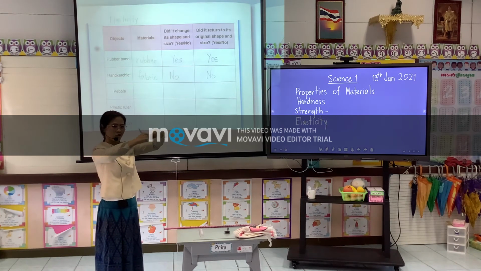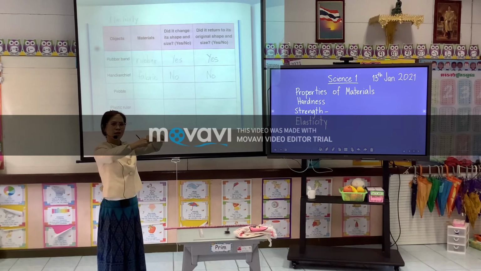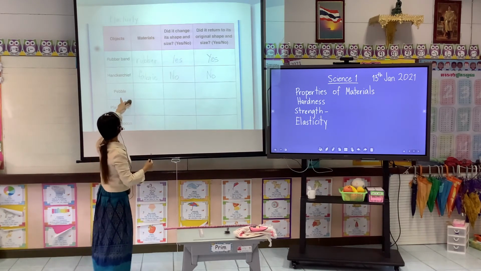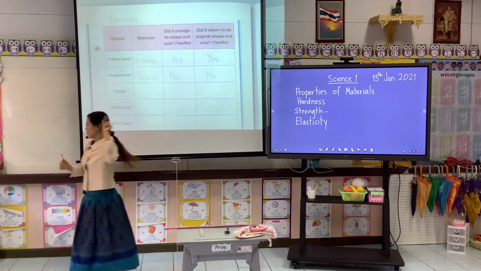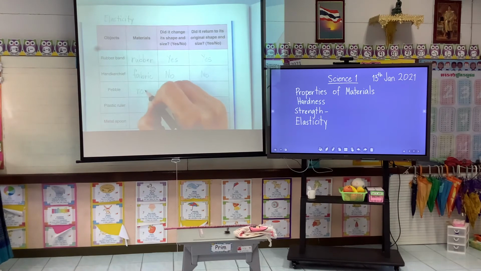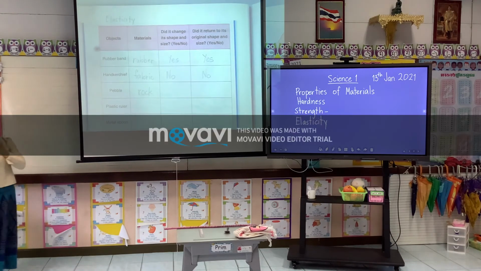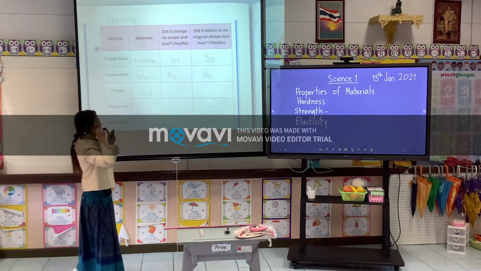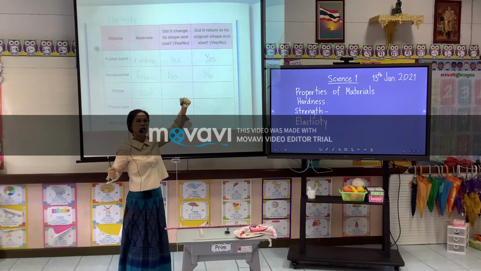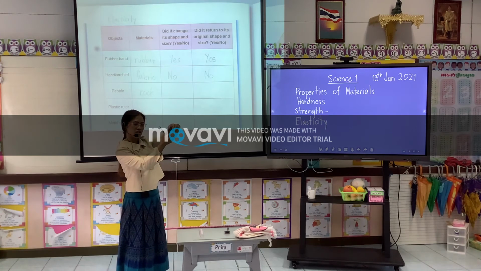Stone. Stretch. Can we do it? First, material. What material? Made of rock. R-O-C-K. Rock. If we try to stretch the stone, whatever we do, we cannot stretch it.